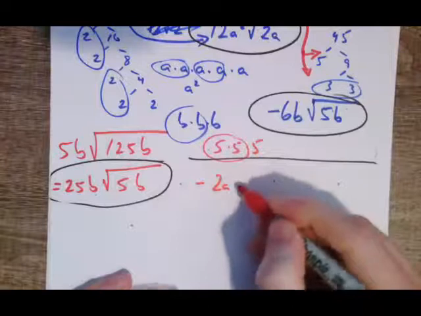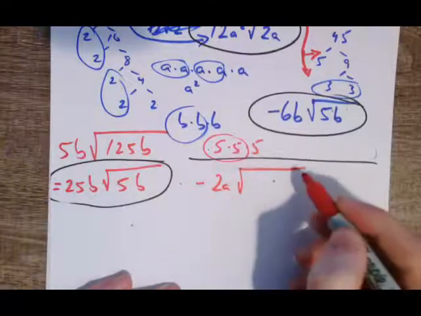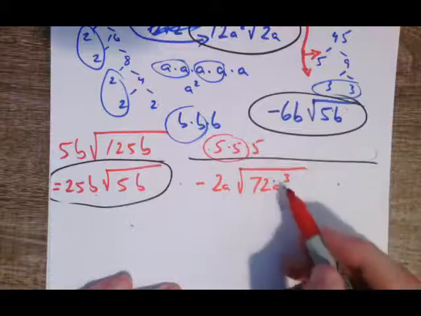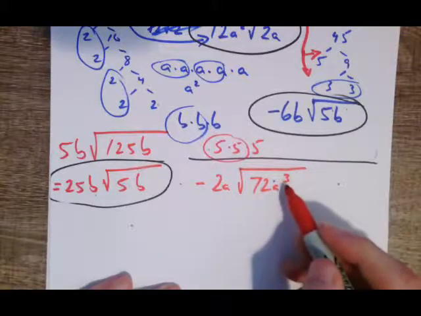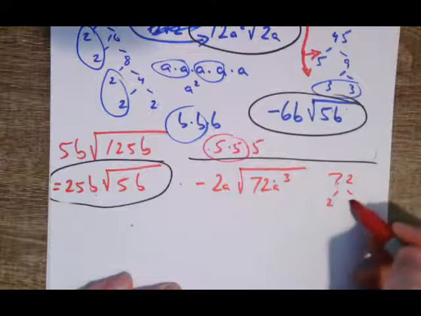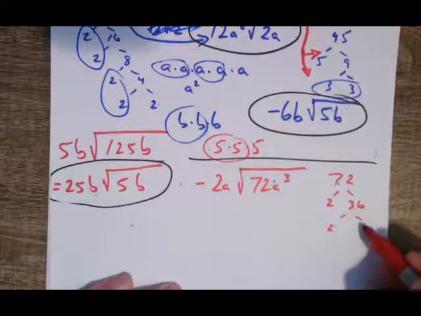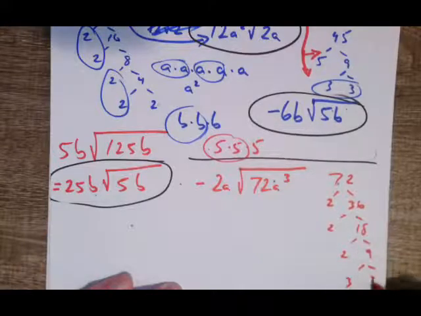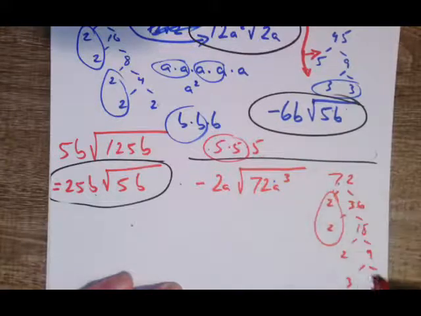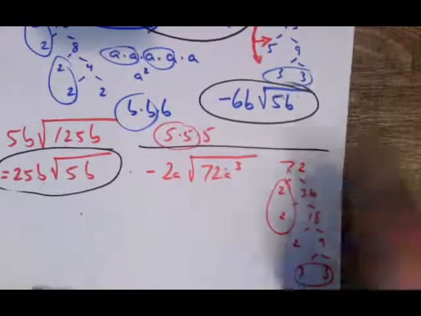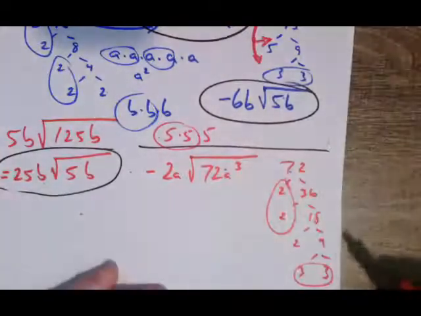Negative 2a square root of 72a cubed. See right away, an a is going to be left behind. But let's deal with 72. 72 is 2 times 36, 2 times 18, 2 times 9, 3 times 3. We have a pair of 2's and a pair of 3's. Can you see that? A pair of 2's and a pair of 3's.